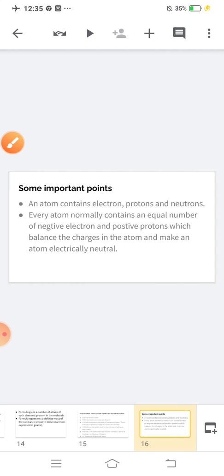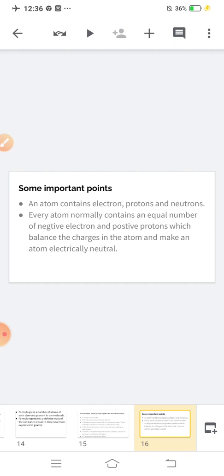Now, before going to start our new topic, ions, I would like to explain some important points before that. Clear? So, an atom contains electrons, protons and neutrons. This you will study in the next chapter.